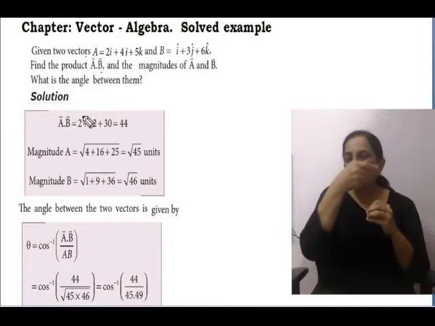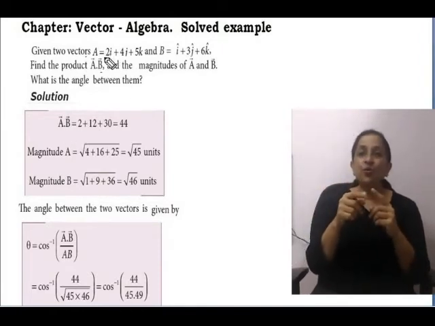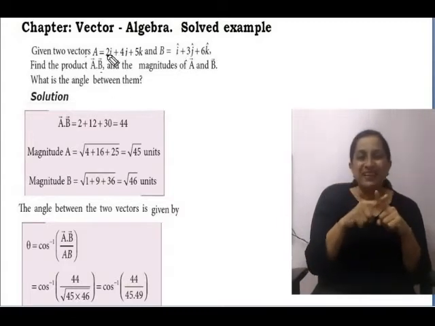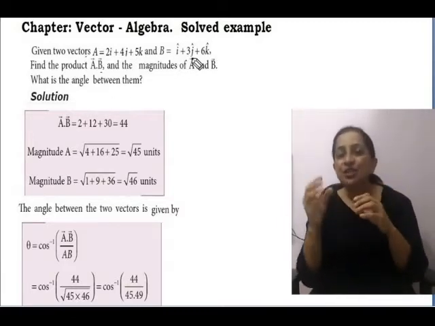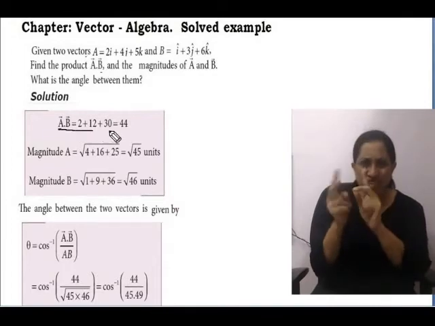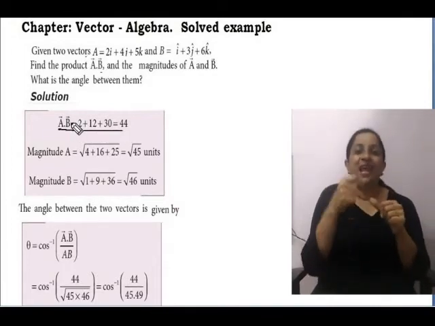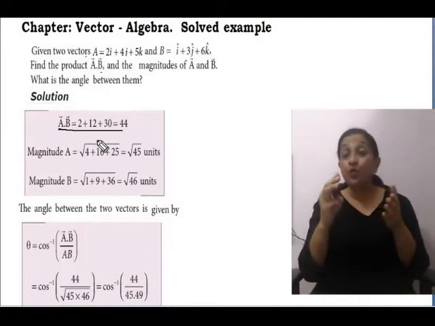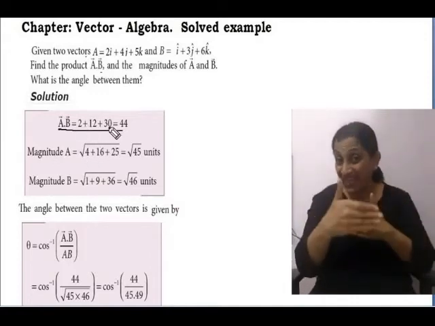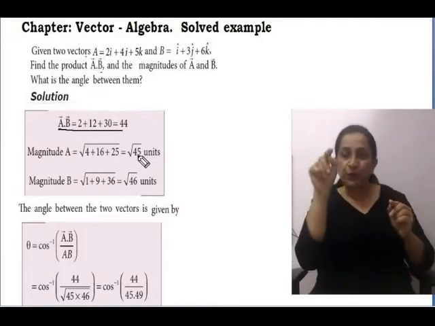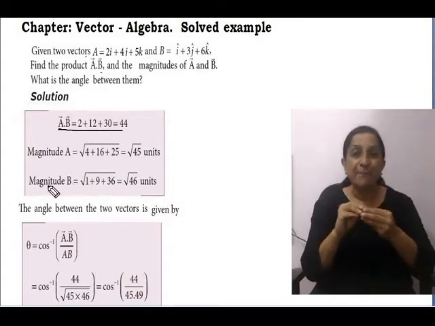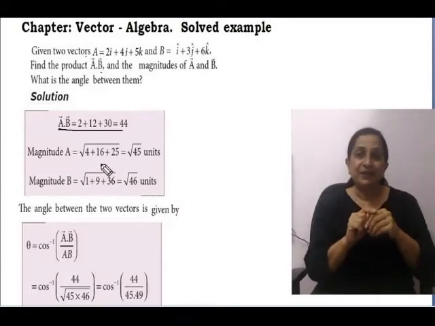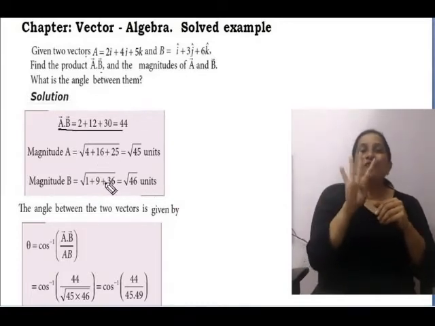Then A bar into B bar is nothing but the coefficient of this multiplied by this, then the next one, coefficient of this multiplied by this, and like that you can arrive at A bar into B bar. Then if they ask for the magnitude, it will be the squares of these under a square root. So in this case it becomes 45 for A, and for B it becomes the square root of this, that is 46.